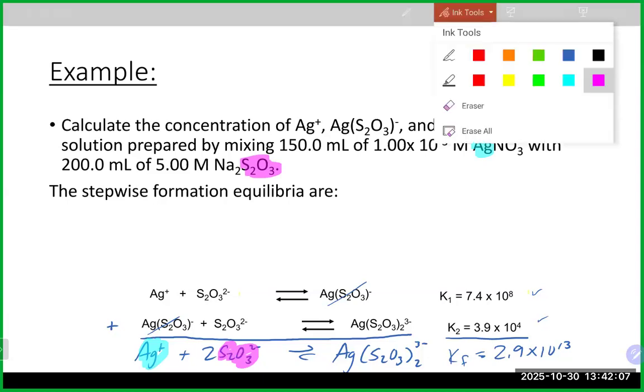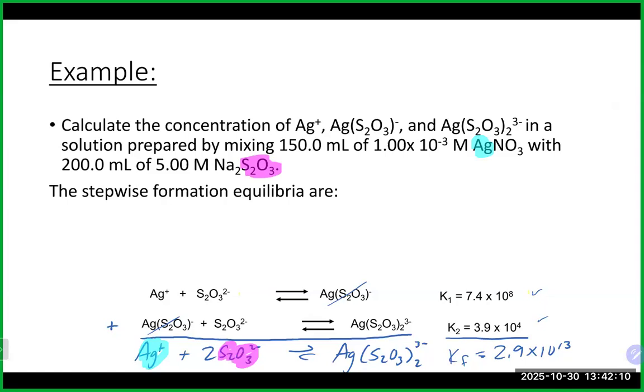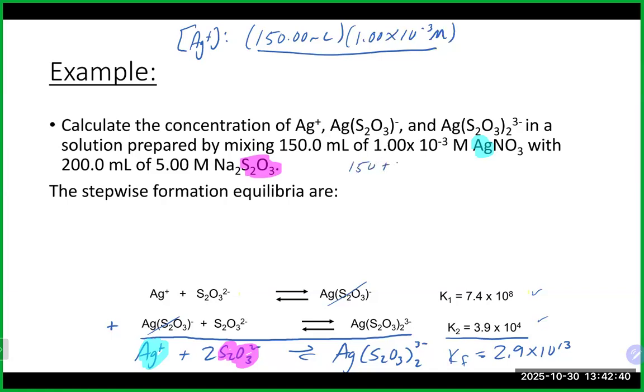So we're going to do a little M1 V1 equals M2 V2 here. For our silver concentration, we are using 150 milliliters of it, and we have 1 times 10 to the minus 3 as concentration, divided by our total volume, which in this case is 150 plus 200.